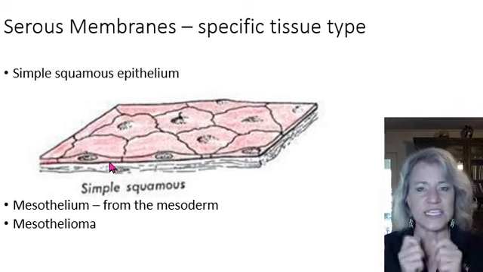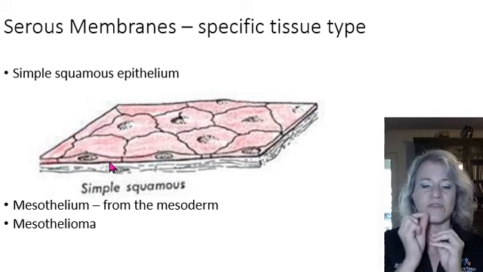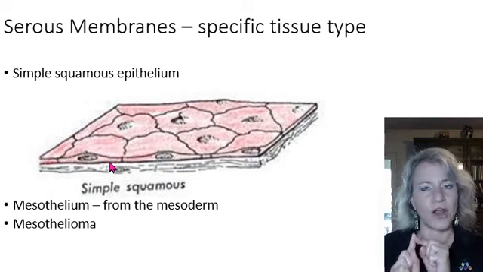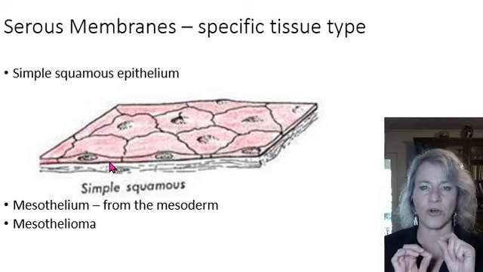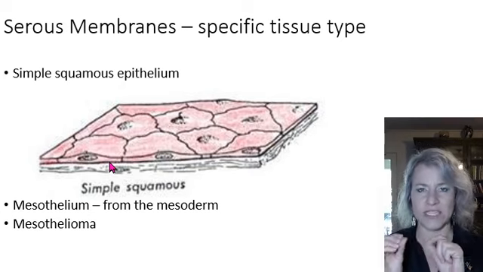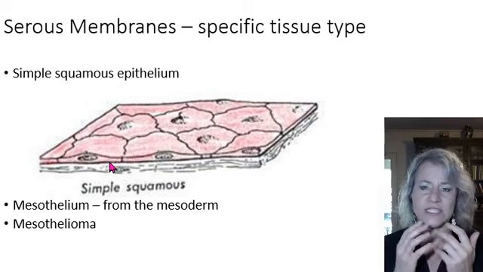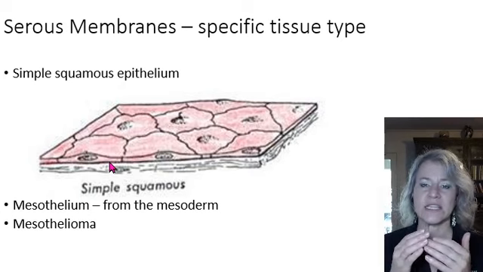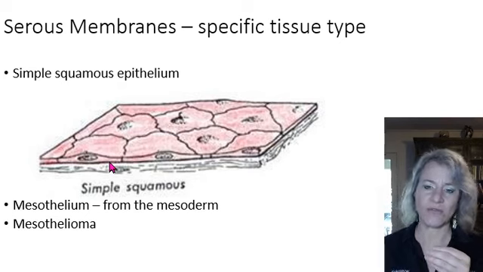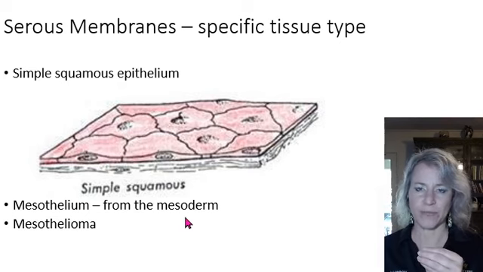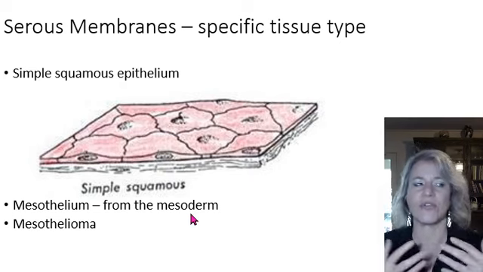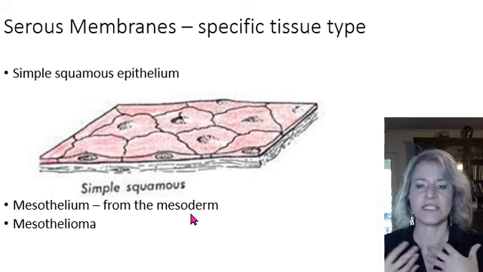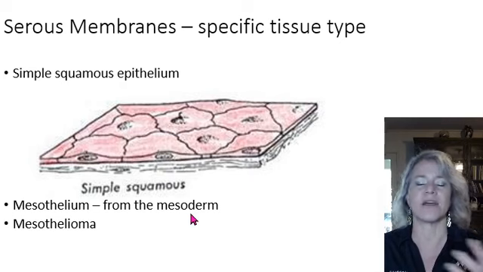That's the tissue of the visceral and parietal pericardium, the visceral and parietal pleura, and the visceral and parietal peritoneum. That's the specific tissue. The reason is that this tissue was derived from the mesoderm, and since it was derived from the mesoderm, that's how it got the name mesothelium. But if somebody says mesothelium to me, I know they're talking about the serous membranes.